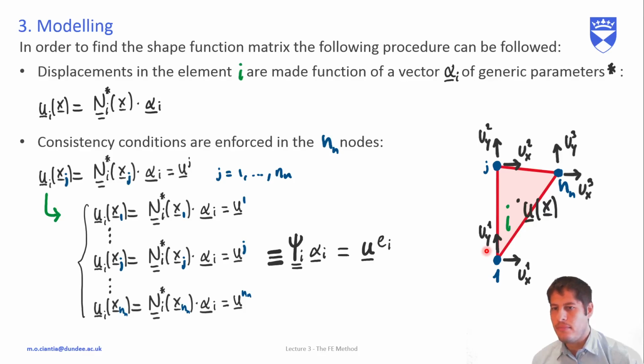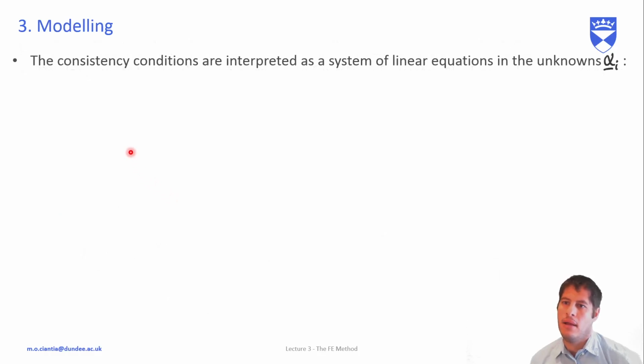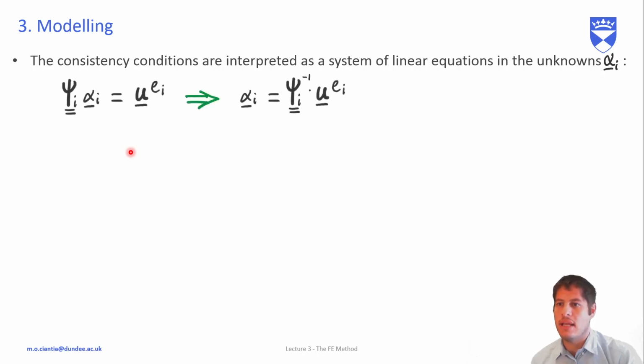So what do we do with this? Given this consistency condition, we can solve these linear equations and obtain our alpha I, a vector that we didn't know, by inverting the expression that I just reported.